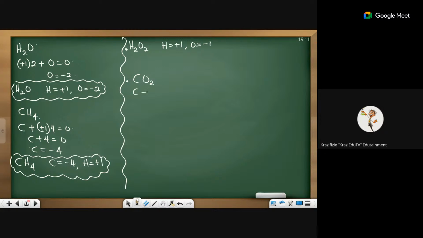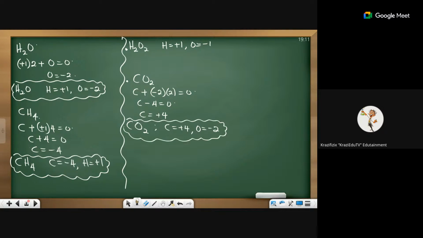So carbon plus -2 multiplied by 2 equals 0. Check. I wanted you to see that carbon is +4 in carbon dioxide, but in CH4 it is -4. These are the special cases that we have. Carbon equals +4, oxygen is equal to -2. Take note of special cases.